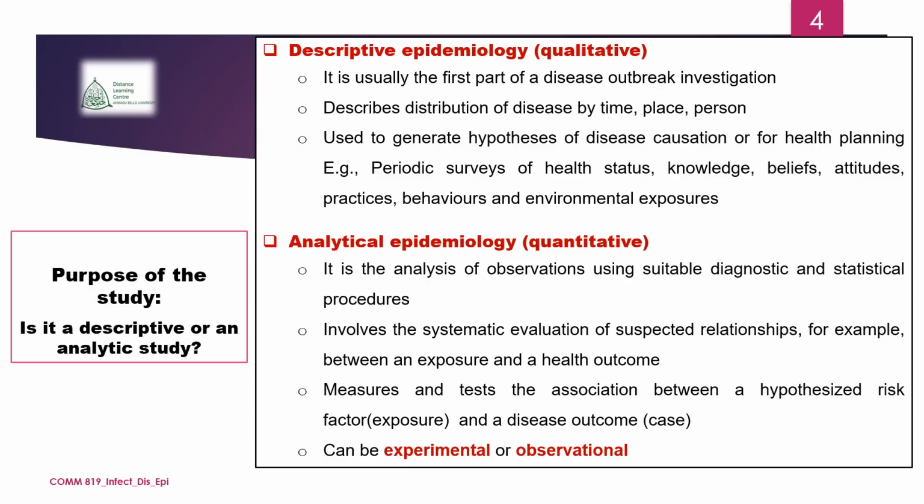An example of descriptive data includes periodic surveys of the health status of maybe a community or individuals. Then knowledge, beliefs, attitudes, practices, behavior, and environmental exposure to certain risk factors.